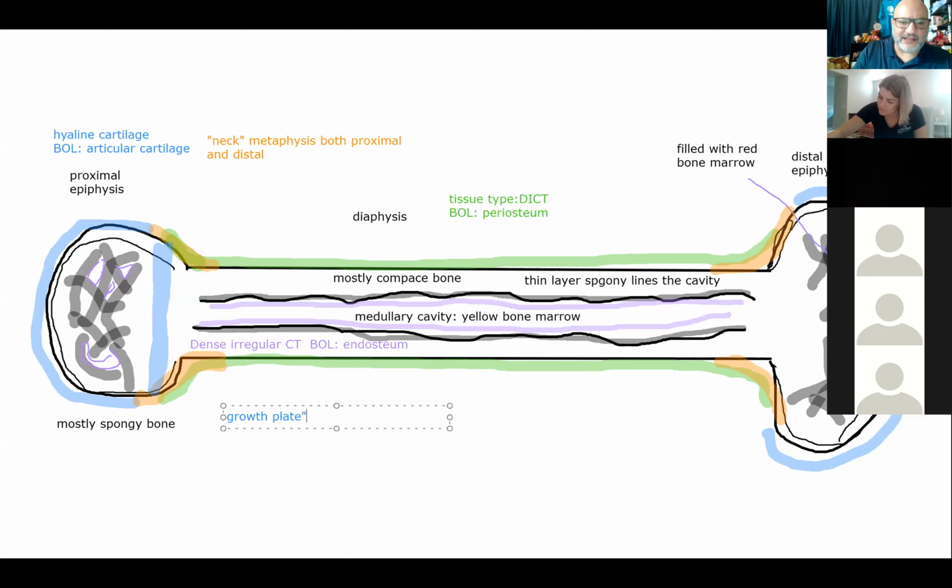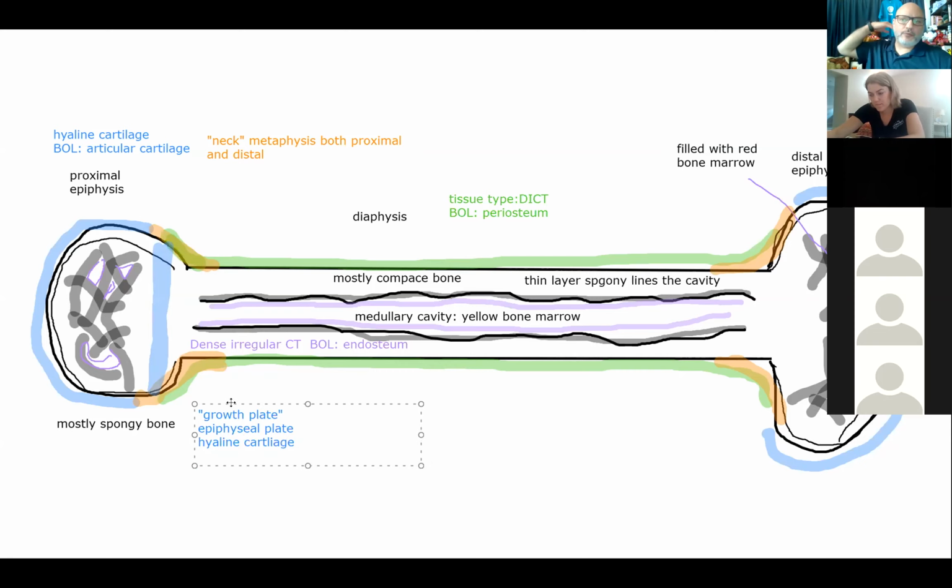Of course, we're not going to get away with terms like growth plate on the exam. The appropriate anatomical term, which has been mentioned a couple times, is the epiphyseal plate. Now it's ironic because the epiphyseal plate is located in the metaphysis, but it holds the epiphysis on, and that's why it is called the epiphyseal plate. And as I mentioned, it is hyaline cartilage.